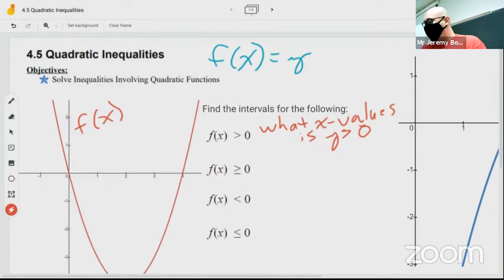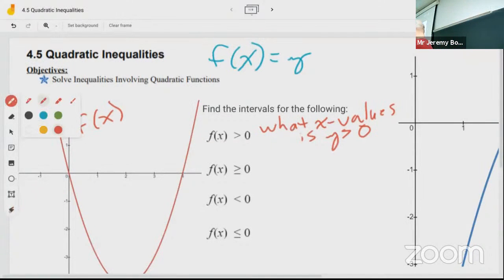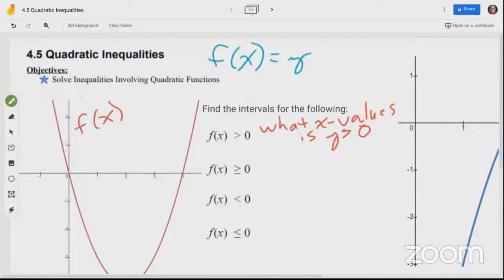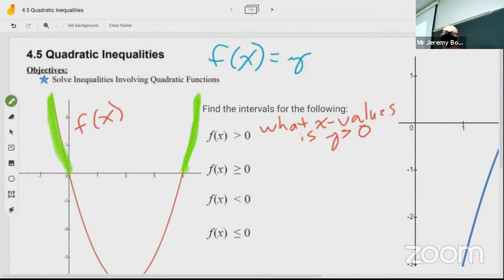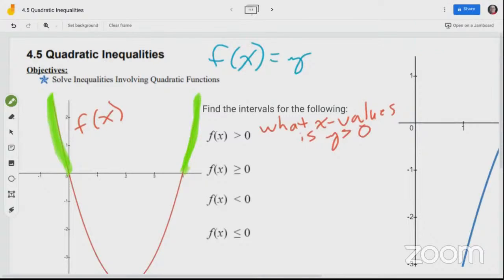And so if you want to know where this graph is above the x-axis, which region are you going to be looking at? It's going to be here, right? And here. And so what do you think those intervals would be?